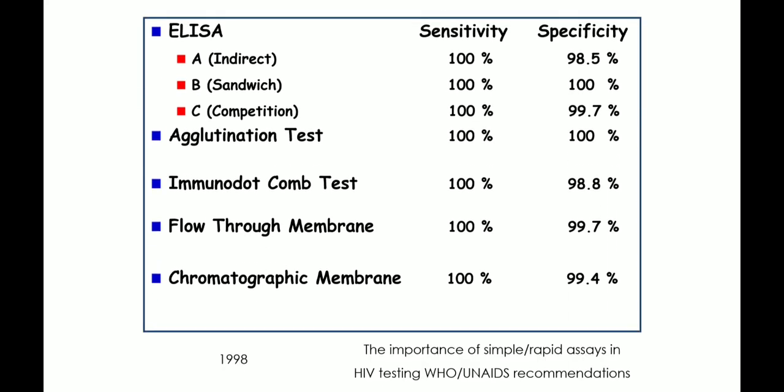If you look at the sensitivity and specificity of the different screening tests, that is the ELISA testing, indirect, sandwich and competitive ELISAs, and agglutination, comb test, chromatographic membrane and flow-through membrane, all of them have excellent sensitivity, 100% sensitivity, and the specificity slightly varies but is still well above 98% as per the NACO guidelines.